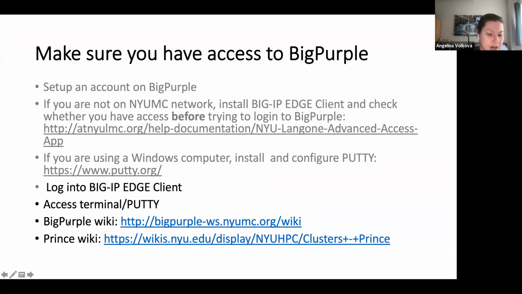I would advise Big Purple people to use both links because the Prince wiki has a lot more interesting things and you can look through them, and there are a few tutorials there that you can try. And I think overall this is a very good resource for you to learn not only how to log into the HPC cluster and how to use it, but also how to run Unix commands.